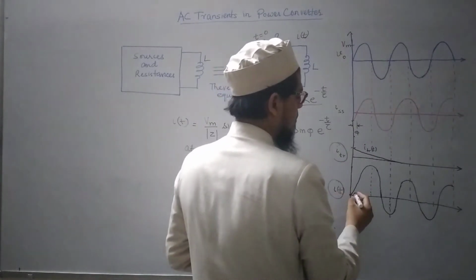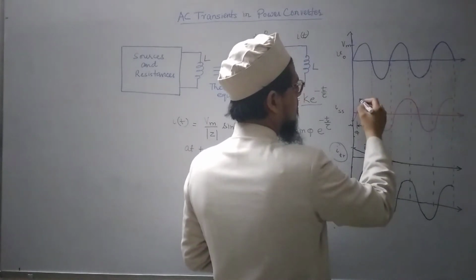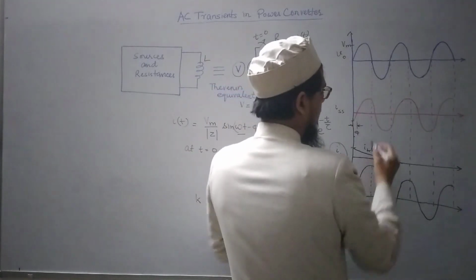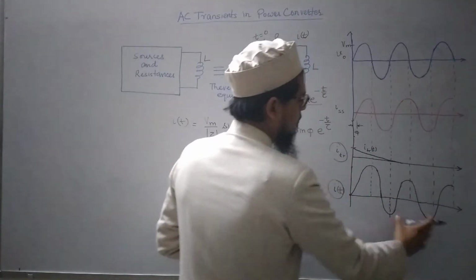So the current starts from 0 and reaches a maximum value which is greater than the peak value of the steady state current, because I am adding these two currents. So finally this is the waveform.